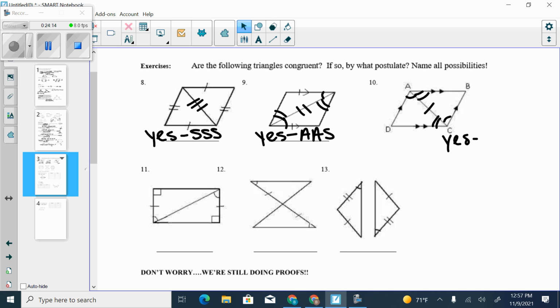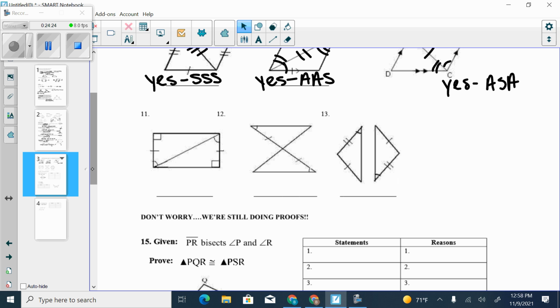Angle, side, angle, very good. Okay. All right, number 11. What could we draw in that's not already drawn for us? Shared side, okay.